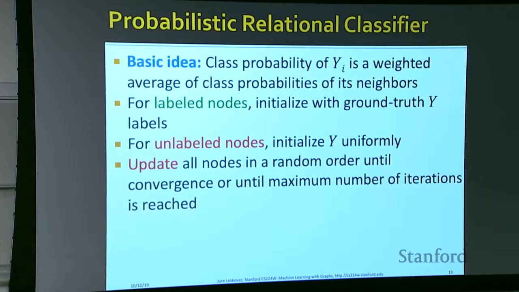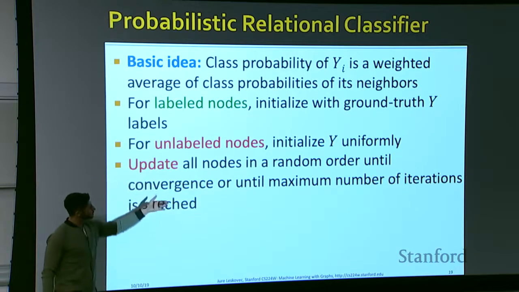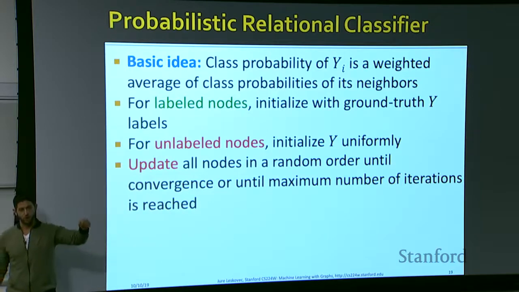The basic idea is that the class probability of our node i is a weighted average of the class probabilities of its neighbors, okay? What we do is, for the labeled nodes, we just initialize with the ground truth, okay? So we have the labels. It wouldn't make any sense to initialize them in a different way, right? We know that those labels are correct. And then for the unlabeled nodes, we initialize y uniformly, okay?